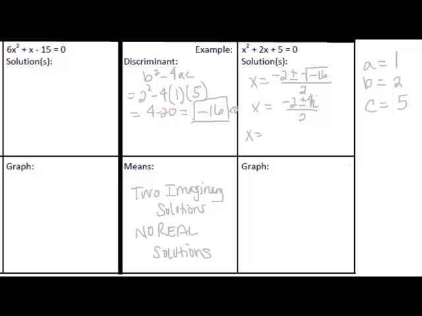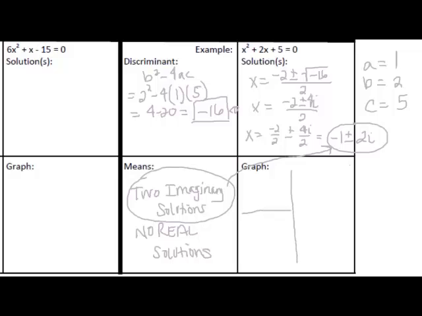So x equals negative 2 over 2 plus or minus 4i over 2. So we get negative 1 plus or minus 2i. So that's like saying negative 1 plus 2i and negative 1 minus 2i. So that is our 2 imaginary solutions.